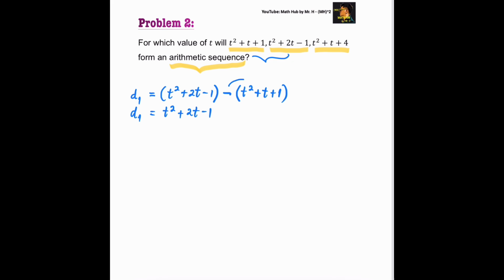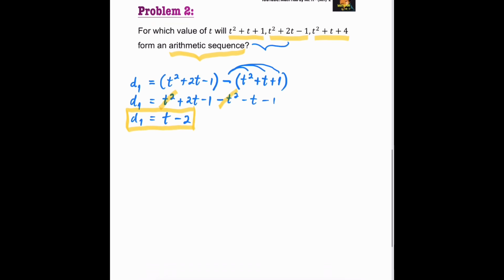Remember, this is negative, so the negative will be distributed to every term. And then we keep going. We can see that t squared is canceled out. We'll have 2t minus t is t. Negative 1 plus negative 1 is negative 2. We need to take note of this because this is our common difference number 1.